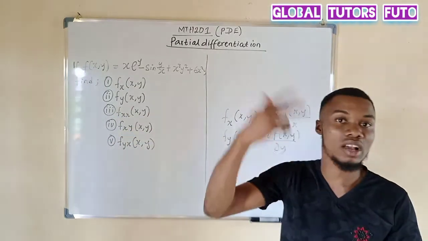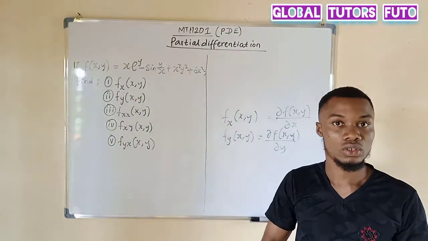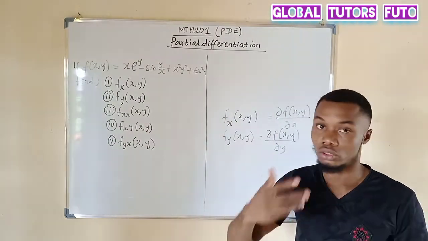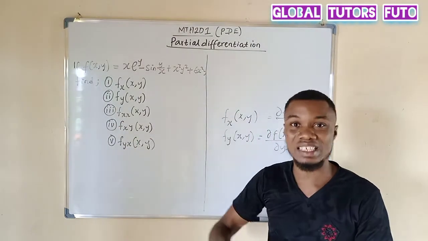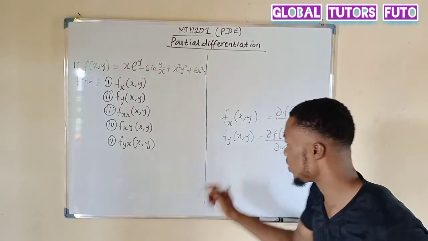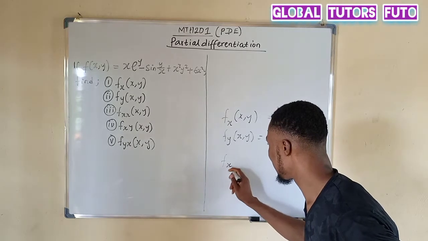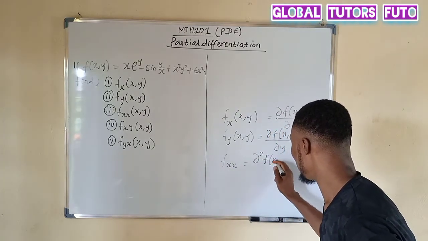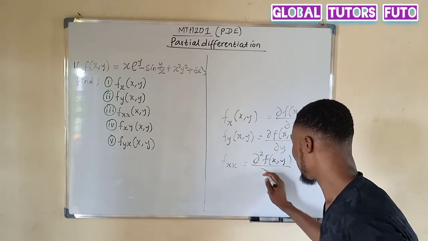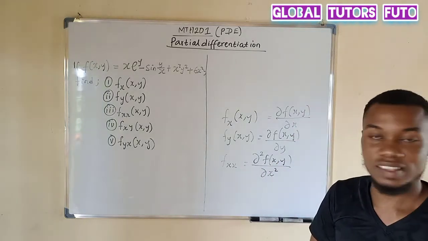Okay, now this one is f sub xx. It means second order differentiation. We differentiated the function twice, that is the second order, partially with respect to what? X. That is second derivative of the function with respect to x. So fxx means second derivative of the function with respect to x.